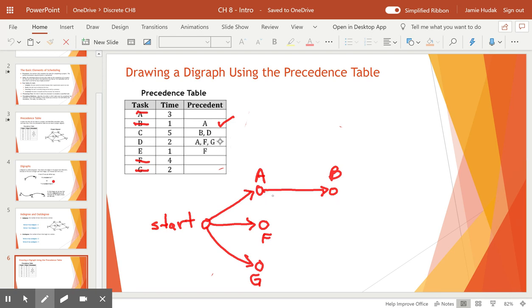I see that I have to go from A, F, and G. A, F, and G comes up to a vertex that we call D. And now I can draw vertex C because it needs B and D.